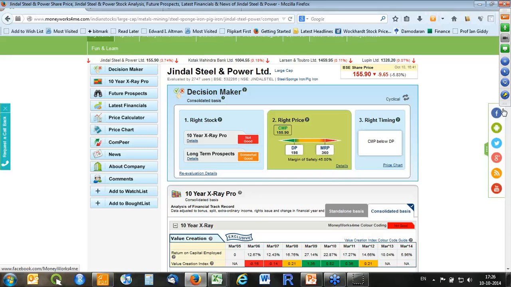Most of the people don't realize that SESA is also developing a strong iron ore asset in Southern Africa.